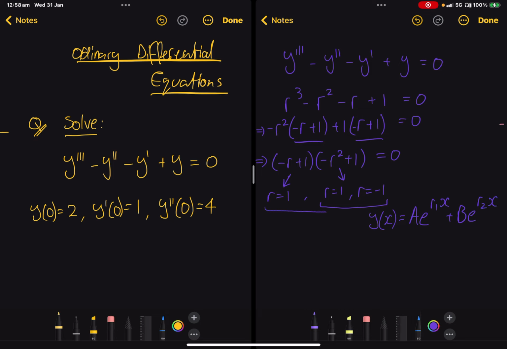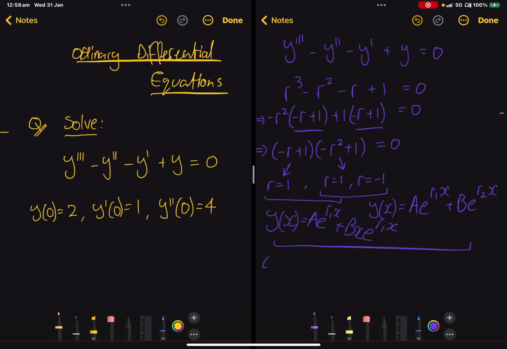And if we have repeated roots, they will take the form y(x) = a e^(r1 x) + b x e^(r1 x). So collectively, we should have three solutions: an a e^(r1 x), a b e^(r2 x), and a b x e^(r1 x). So this suggests that our general solution will be y(x) equals some constants.